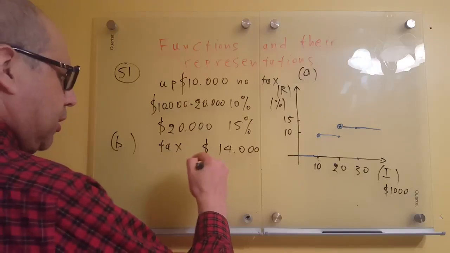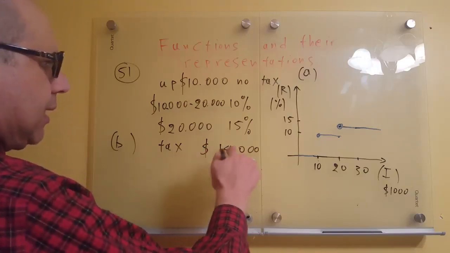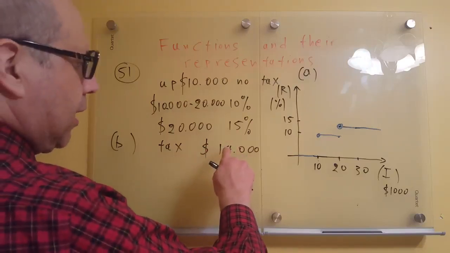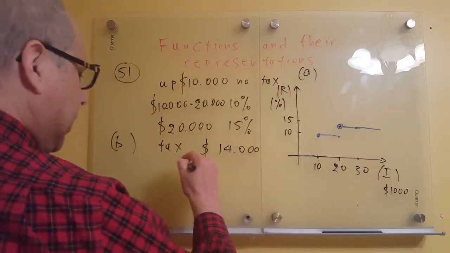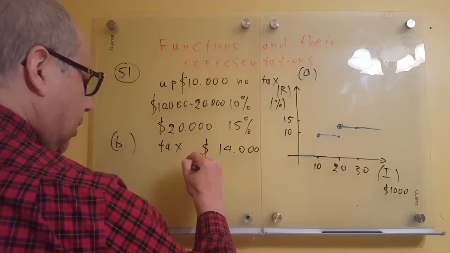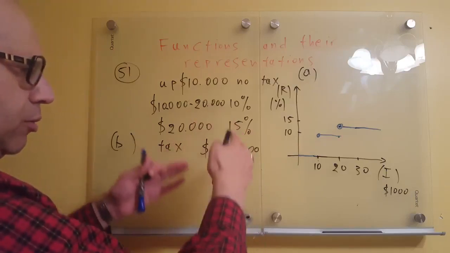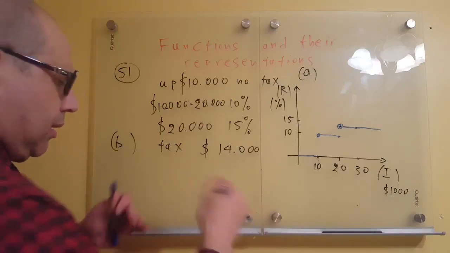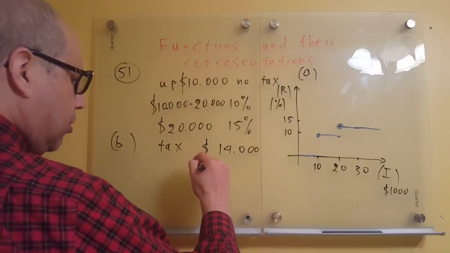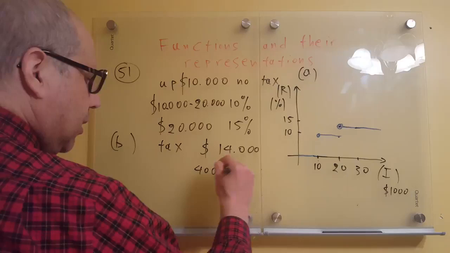So up to 10,000 we have zero taxes, and then on the remaining amount, 14 minus 10, which is 4,000, you pay 10%, as we said.